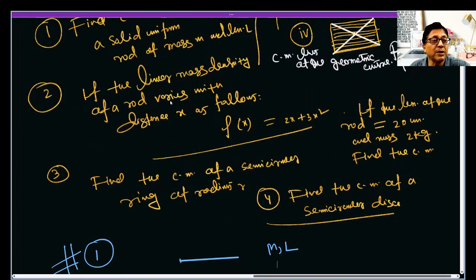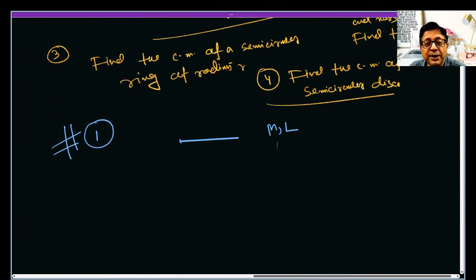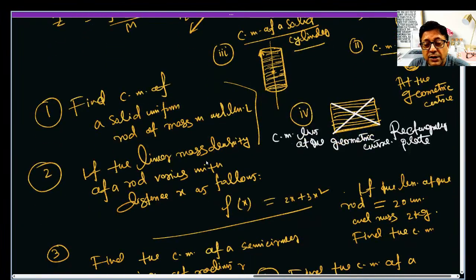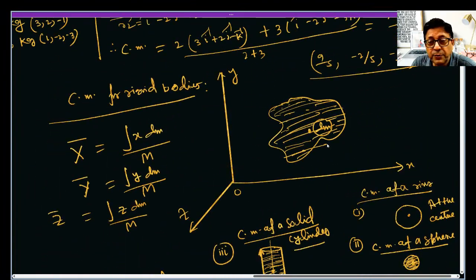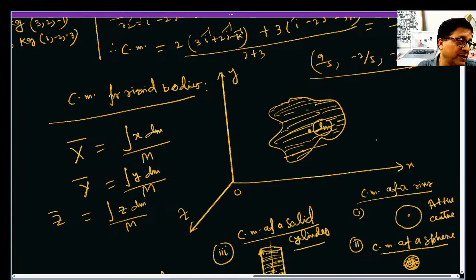This is a one-dimensional object. So do we need y bar and z bar? No, only x bar. How to get it? The concept is the rigid body will be divided into infinite number of small parts. For an elemental portion, we take its mass, multiply by x coordinate, divide by total mass.